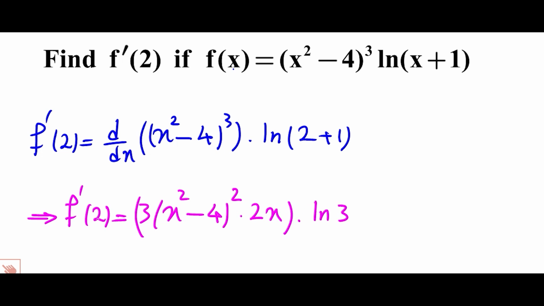So if we plug in the value of x, meaning 2, x squared minus 4 here is 0, so f prime of 2 is equal to 0. So if the vanishing factor has an exponent greater than 1, the derivative at that point will almost always be 0.